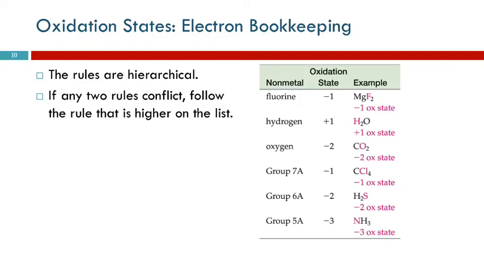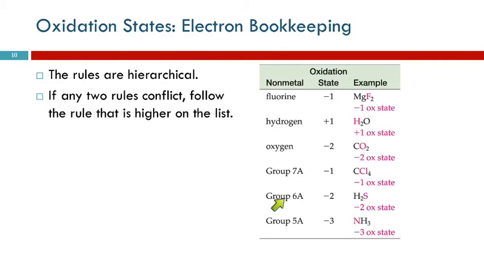So this is a set of rules, and this is how I think of it. I think of the nonmetals as wanting to have an oxidation state that is equal to the charge they would have if they were an ion. So if fluorine was an ion, what would its charge be? -1. So fluorine would like to have a -1 oxidation state.